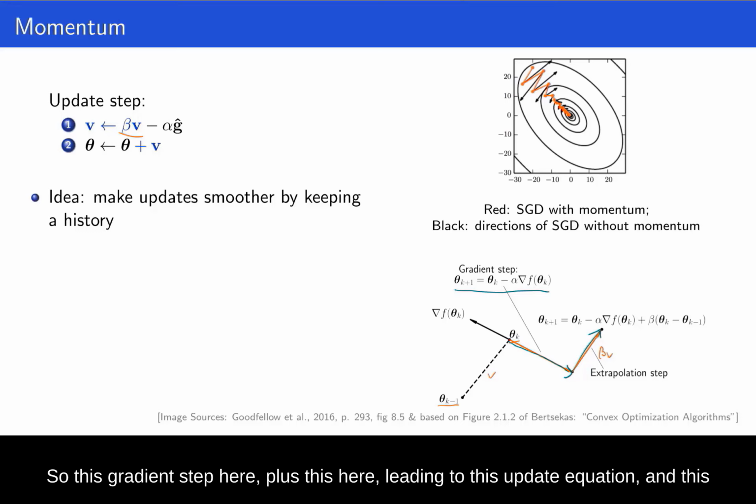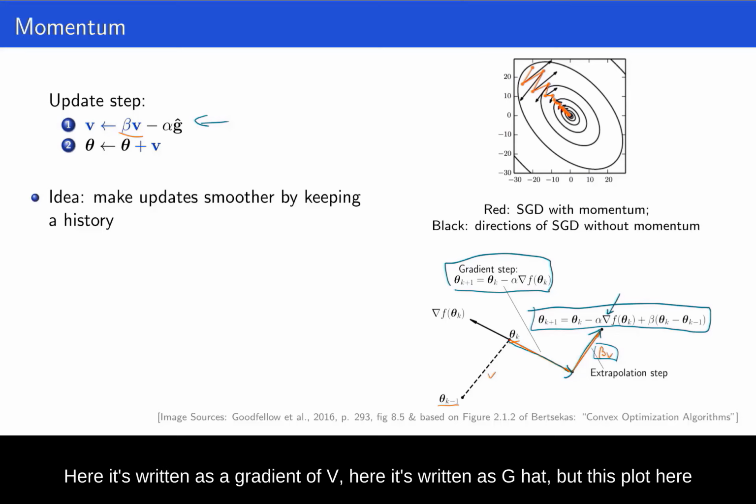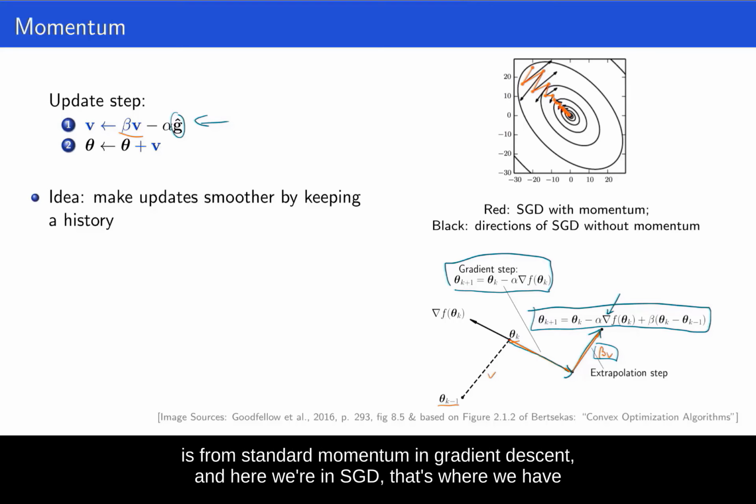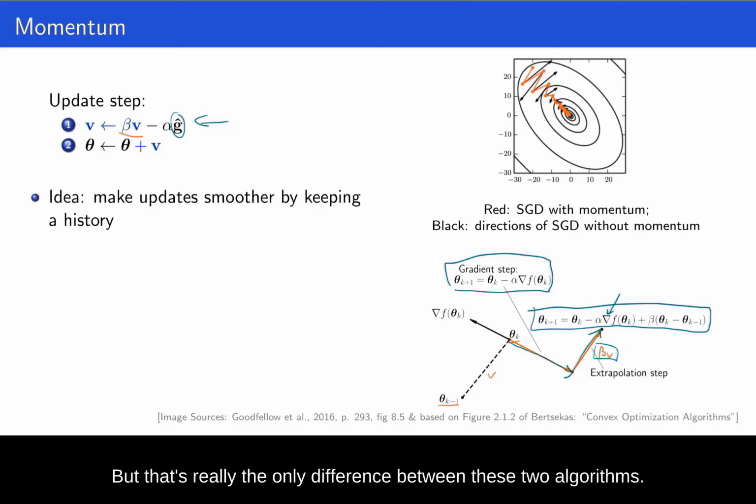So this gradient step plus this leads to this update equation, and this is equivalent to this update equation here. Here it's written as a gradient of v, here it's written as g hat, but this plot is from standard momentum in gradient descent, and here we're in SGD. That's where we have the approximate gradient g hat. But that's really the only difference between these two algorithms.